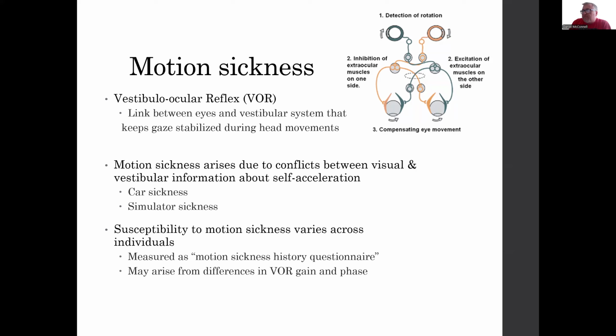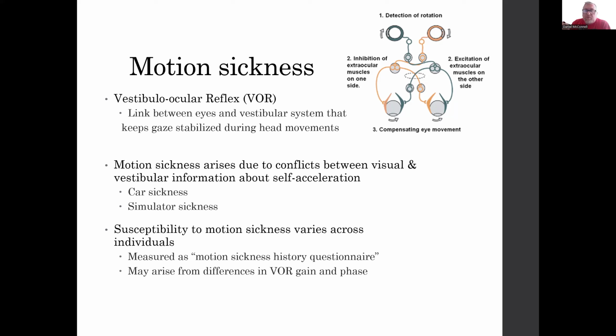And one thing is that we also might think that one of the reasons why some people are more sensitive to simulator sickness is because of individual differences in the gain of the VOR system. So the gain here applies to the idea that once we detect a certain magnitude of rotation with the vestibular system, then we have to perform the appropriate counter rotations. But if the gain in that system is too high, that means the counter rotations are too strong, and the eyes over-rotate.